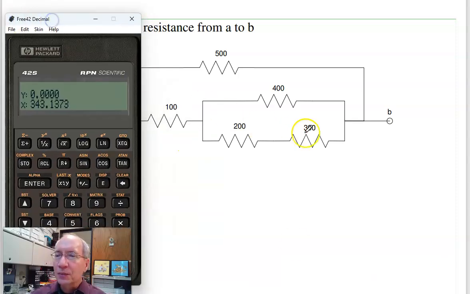Okay, let's find the answer. Starting out, I've got 200 in series with 300. So 200, enter, 300, that's 500 ohms. In parallel with 400, take the inverse, 400, inverse, add inverse. All this together is 222 ohms. In series with 100, adds, this is 322 ohms.